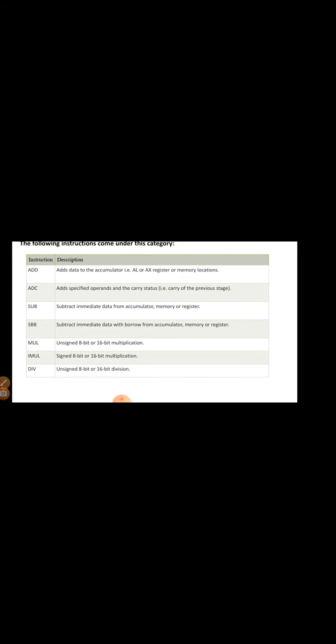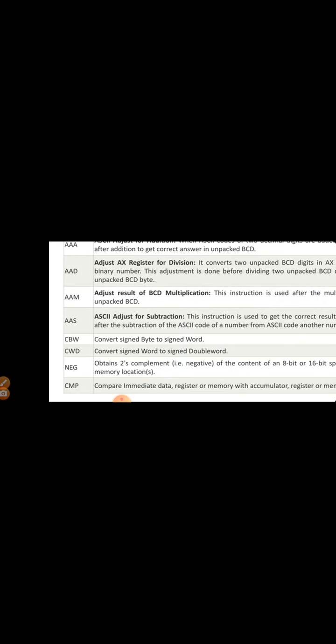IDIV performs the division of signed 8-bit or 16-bit. INC increments a register or memory location by 1. DEC is a decrement instruction. DAA means decimal adjust after BCD addition, and DAS means decimal adjust after BCD subtraction.